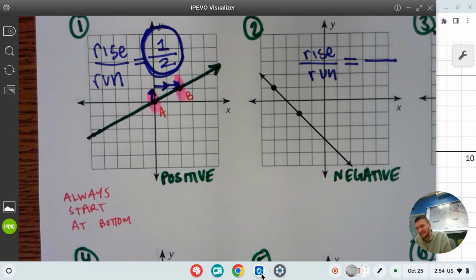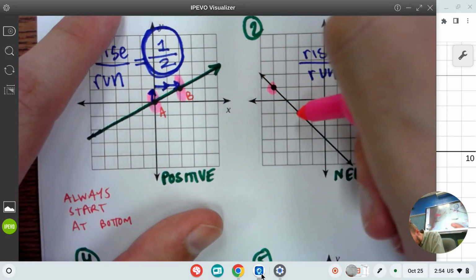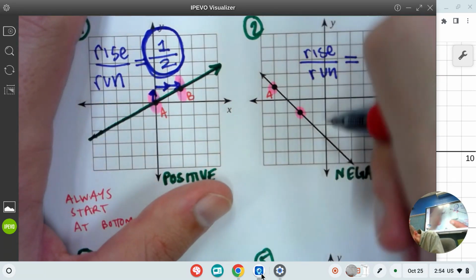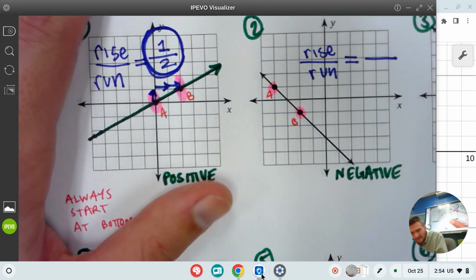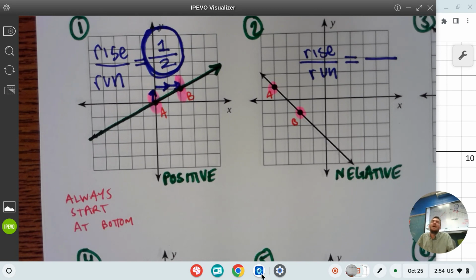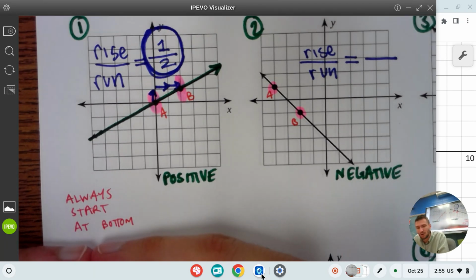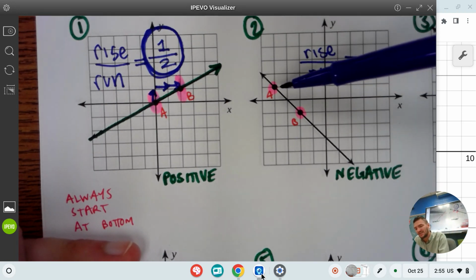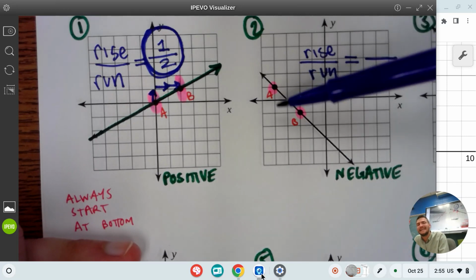Now, before we start, if I look at these 2 dots and I label them with A and B, which one do you think I'm going to start with? I'm going to start with B, because I always start at the bottom. I always start at that low dot. That way, I always count up. Whenever students make mistakes, it's normally because they start and they count down.